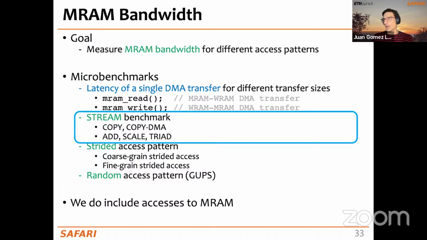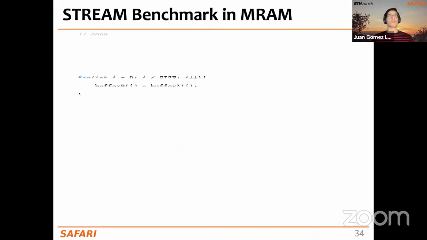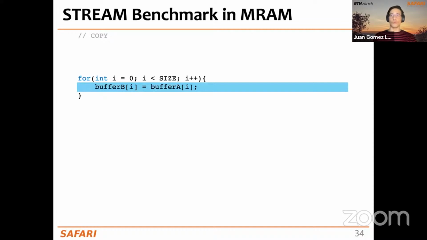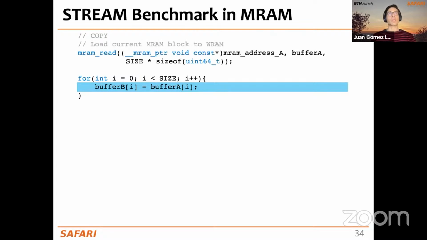Okay, let's go to the next experiment here. This is the stream benchmark. Let's measure directly what bandwidth we can obtain from the MRAM. You are already familiar with this copy stream benchmark. It's just reading from WRAM and writing into WRAM in a different array. But here we are also including the accesses to MRAM.